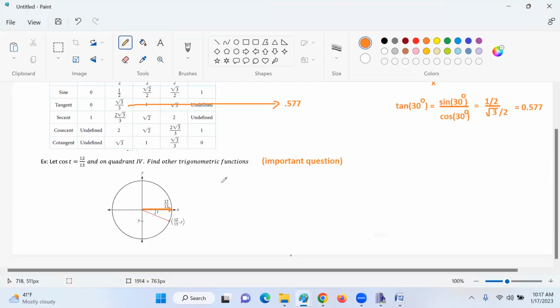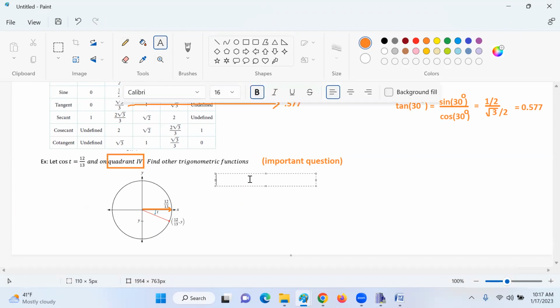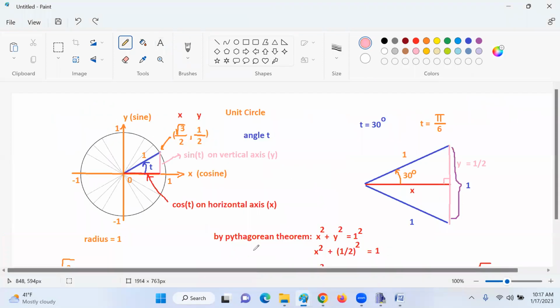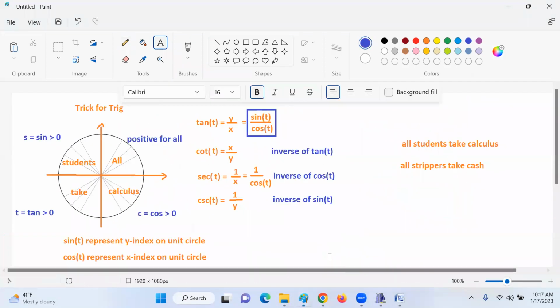So now we look at this trigonometry. If the cosine is in quadrant number 4, you think of it, this is quadrant 4. We look at the trig that we have, meaning that only cosine is positive.